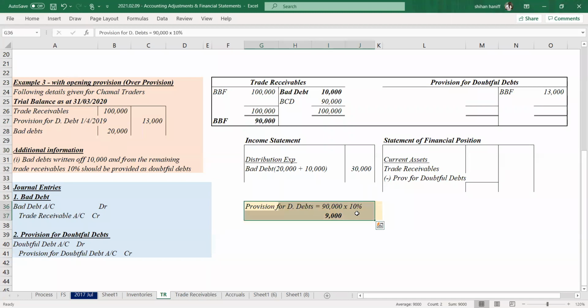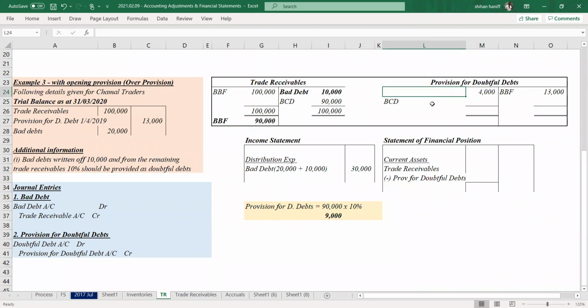The provision is the same, 9,000. Out of 90,000, 10% is 9,000. So already 13,000 is provided. Therefore, to have the closing balance as 9,000, we have to decrease this by 4,000. Then it becomes 9,000.